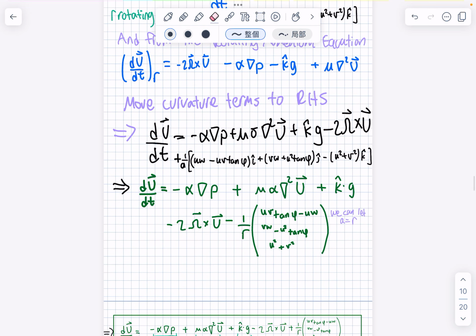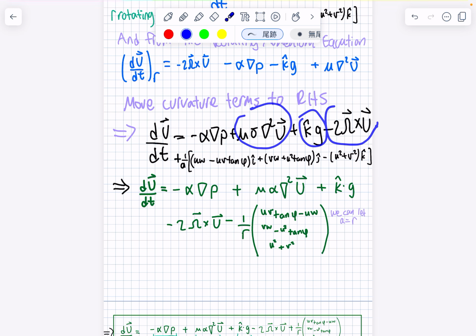Doing that, we show part of the steps of the subtraction. Du/dt vector is equal to pressure gradient plus friction plus gravity minus the Coriolis term, and then here are the curvature terms.